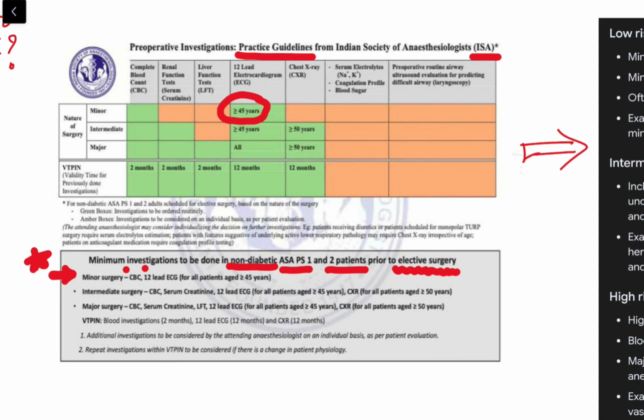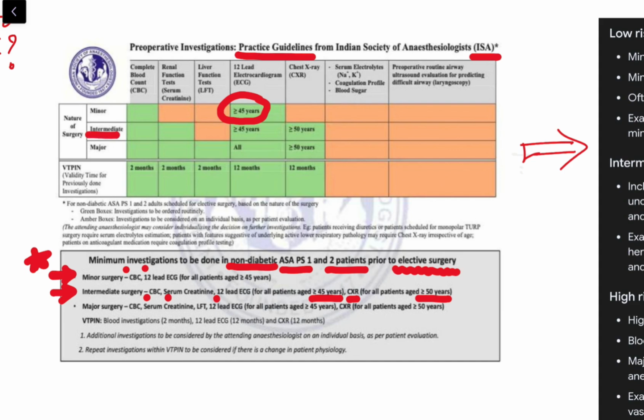This video is to make you aware that only after a certain age is an ECG or X-ray required. As you can see in the next step, for intermediate surgery, we have to ask for CBC, serum creatinine, 12 lead ECG for patients more than 45 years, and chest X-ray for more than 50 years, right?